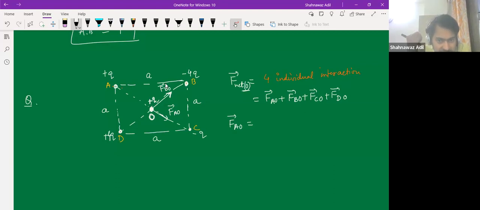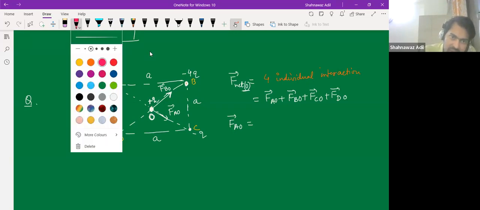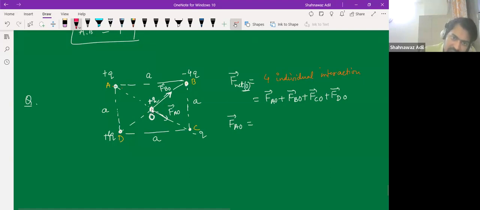And then you have this 4Q charge. Will this 4Q charge attract or repel this charge? It will attract, or repel?